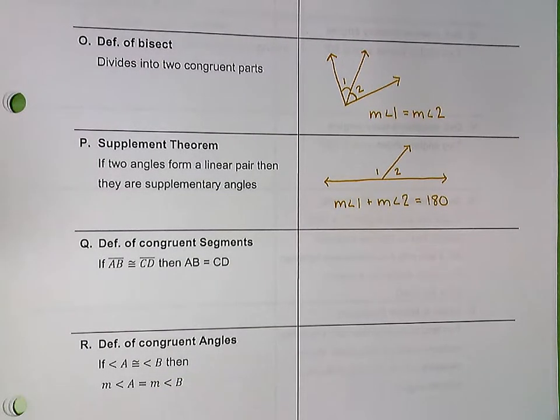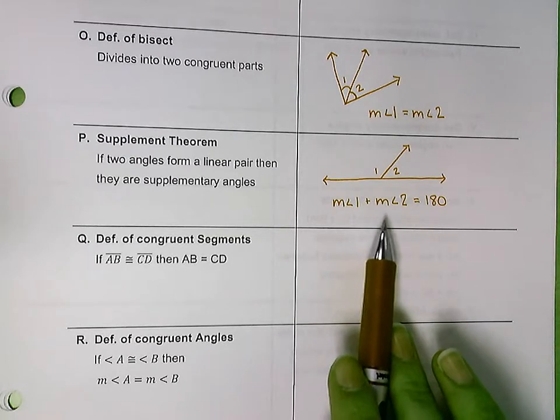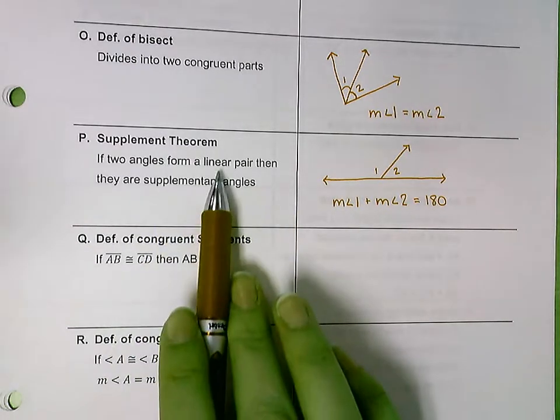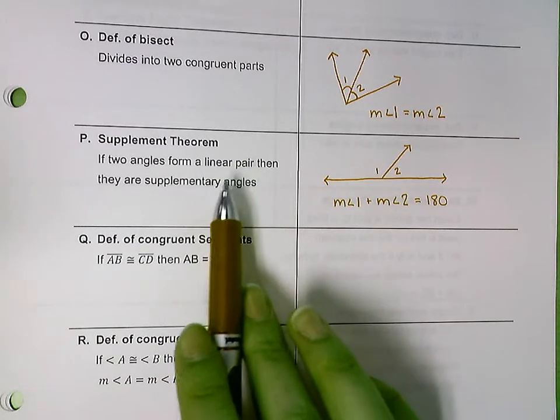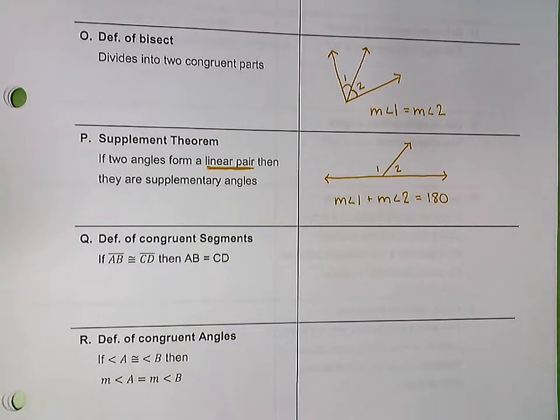So yes, they are supplementary, but this is considered the supplement theorem because they are a linear pair. If it states that you have a linear pair, your reasoning behind saying this would be the supplement theorem, not that they are supplementary. The supplement theorem links with linear pair. You want to associate keywords with these theorems. So if you ever see linear pair, you're probably going to use the supplement theorem.